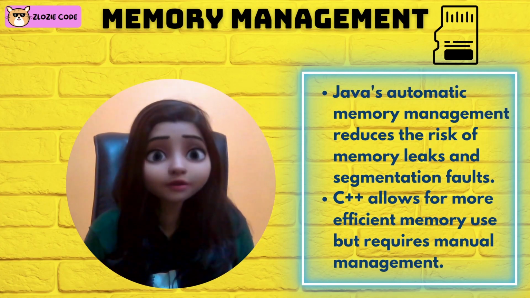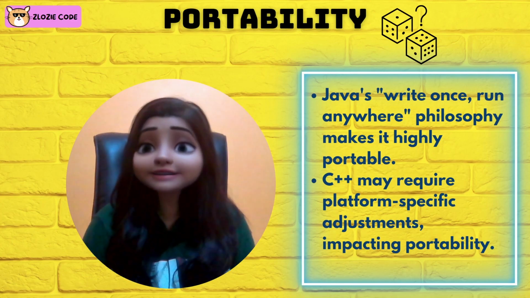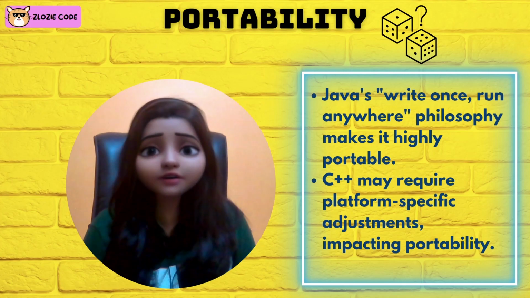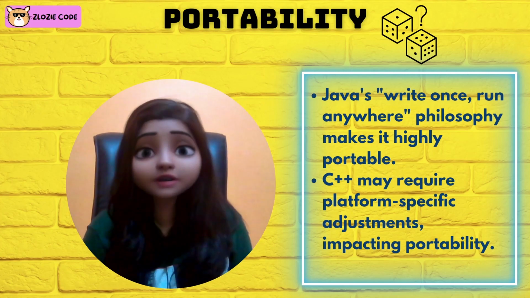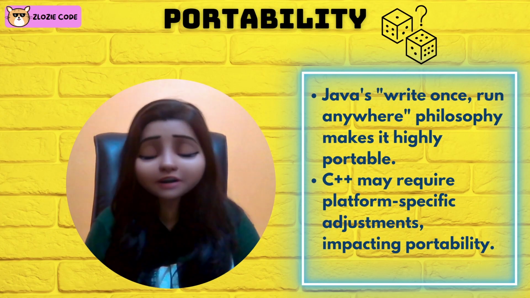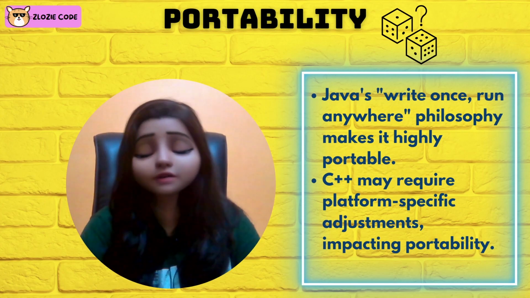Now let's talk about portability. By this I mean Java's write once, run anywhere philosophy, which makes it highly portable, while C++ may require some specific adjustments to make it portable for different platforms.